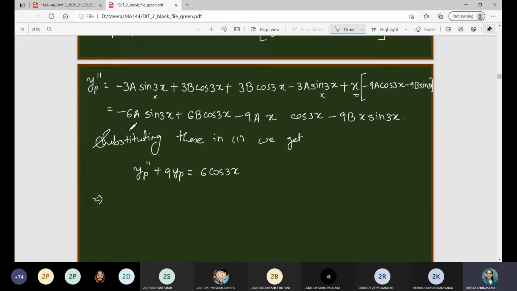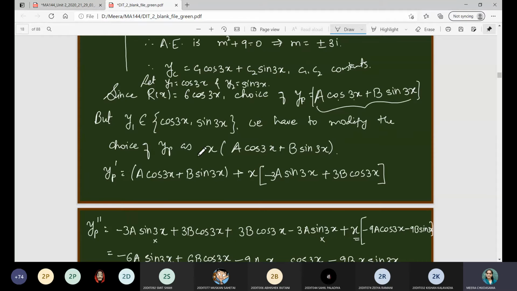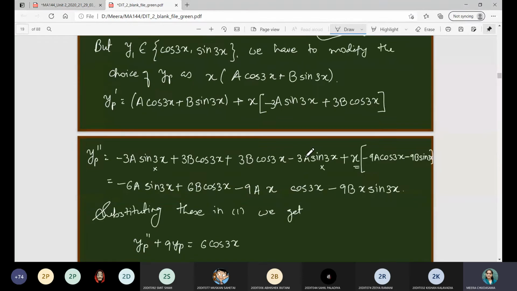So implies I will write this entire term, that is minus 6a sin 3x plus 6b cos 3x minus 9ax cos 3x minus 9bx sin 3x. Now I have to write down yp with the multiple 9, right? तो yp क्या है यहाँ पर, this is, so it is 9x a cos 3x plus b sin 3x, right?